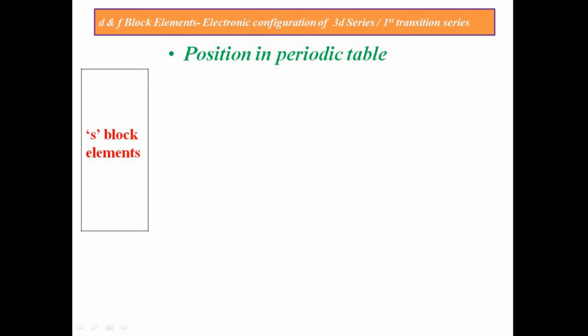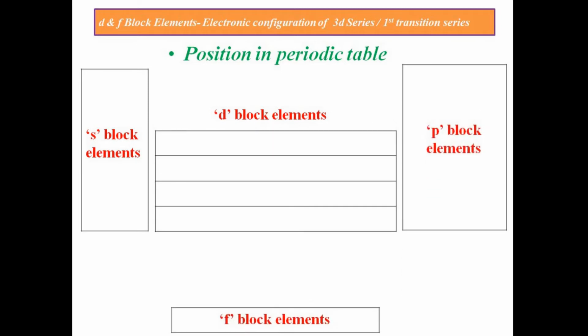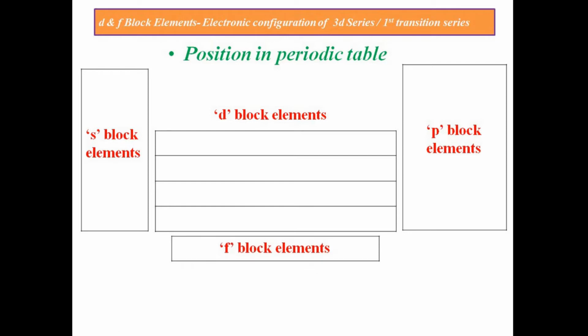As you know, s block elements, then d block elements, then p block elements, and then f block elements. So this is the outline of the modern periodic table. 3d or first transition series elements are situated at this position.